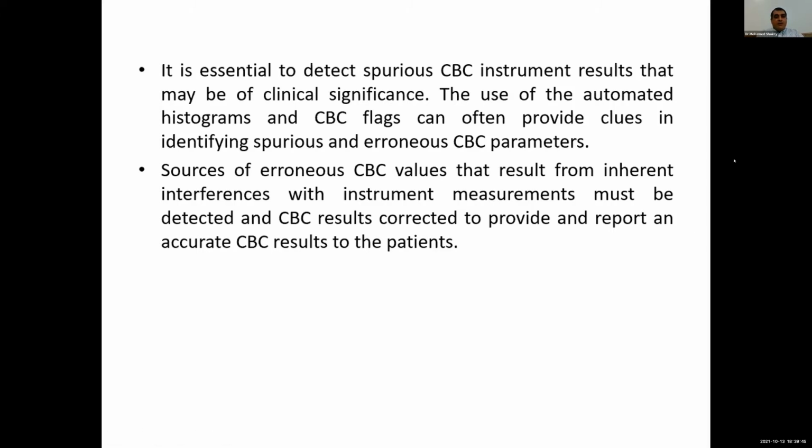It is essential to detect spurious CBC instrument results that may be of clinical significance. The use of automated histograms together with CBC flags can often provide clues in identifying spurious and erroneous CBC parameters. Sources of erroneous CBC values that result from inherent interference with instrument measurements must be detected and CBC results corrected to provide and report accurate CBC results to the patient.